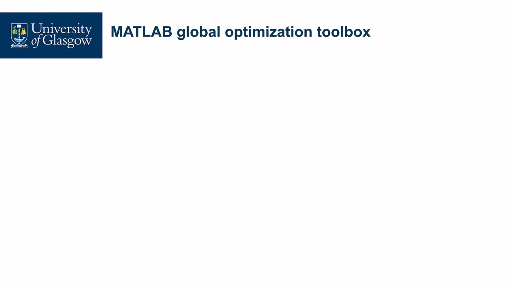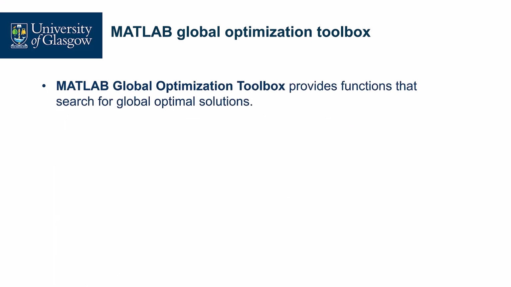So before introducing this function, we first talk about the MATLAB Global Optimization Toolbox, because the GA function belongs to this toolbox. The Global Optimization Toolbox provides a series of functions. The goal is the same: global optimization. As we have said, global optimization algorithms don't guarantee we obtain the global optimal solution, but we are aiming to do that, right?